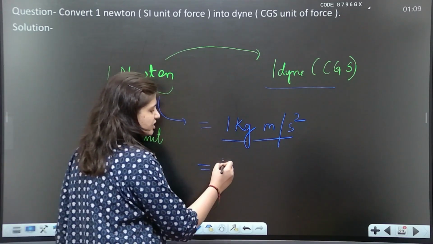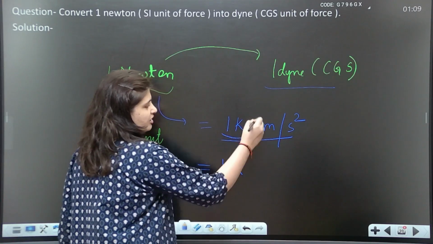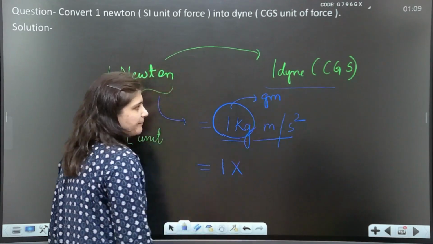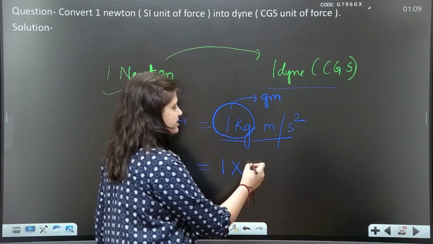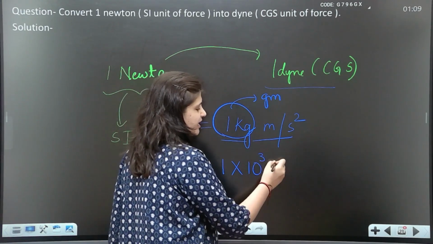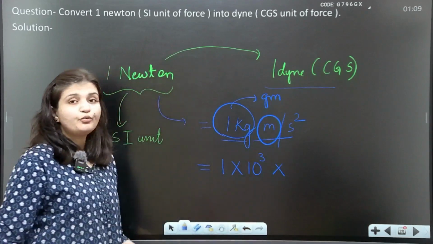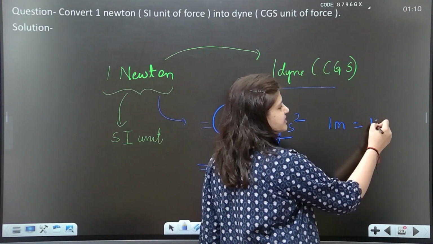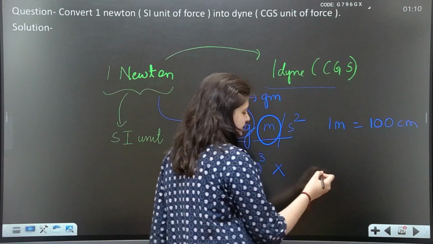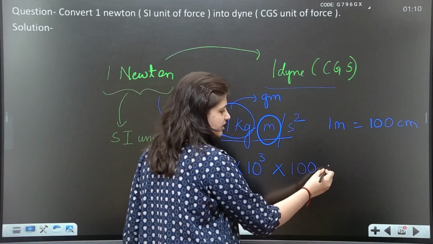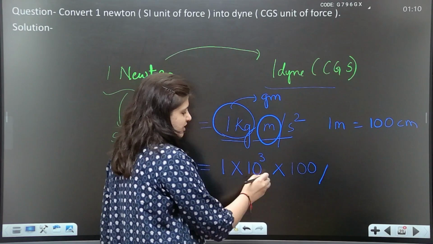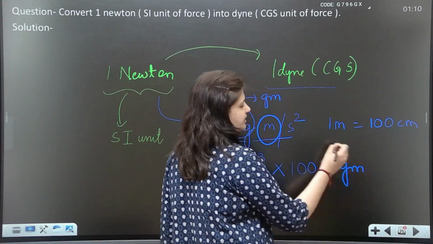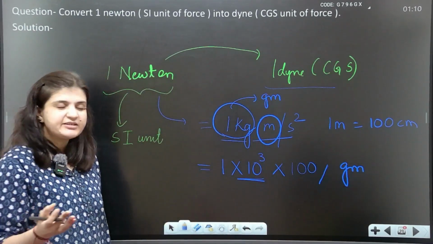Now if we have to change 1 kg into CGS, it can be written in gram. So 1 kg can be written as 10 to the power 3 gram. And then the meter: what is 1 meter? 1 meter is 100 centimeter.